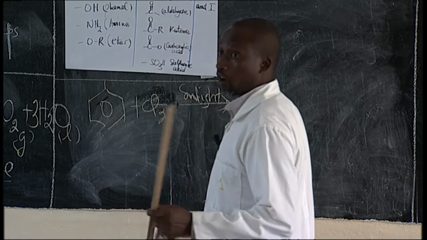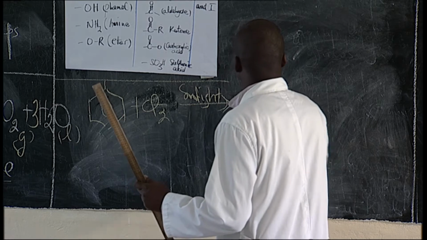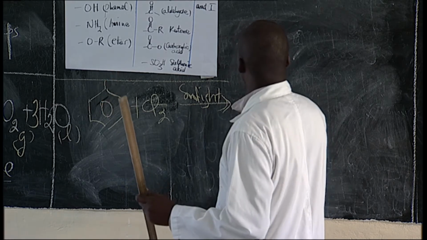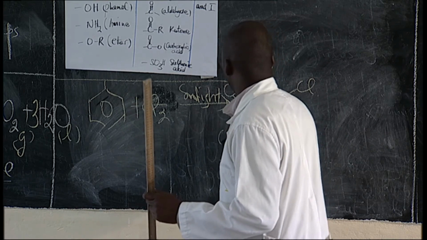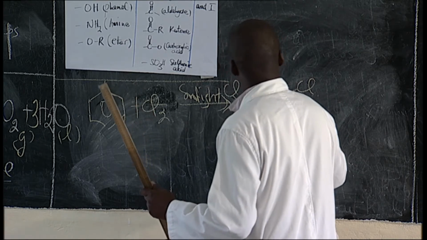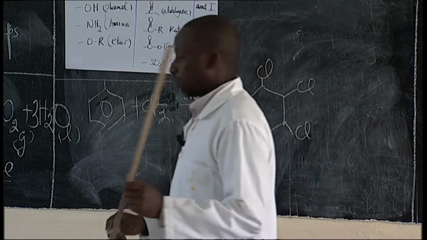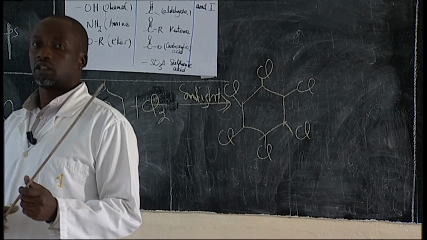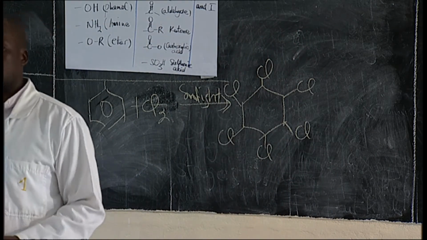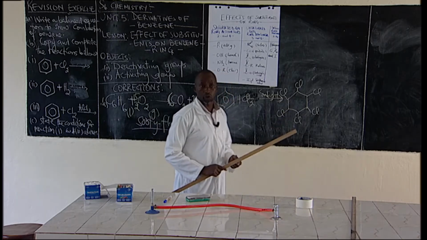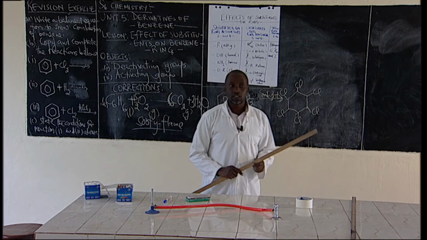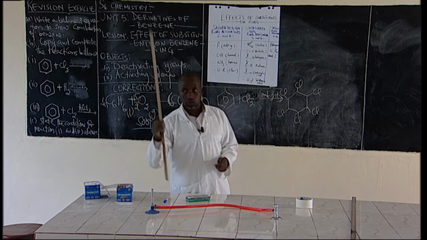and this undergoes radical substitution reactions, so chlorine will be substituted. This reaction involves the breaking of the delocalized system of the benzene ring. It is free radical substitution.